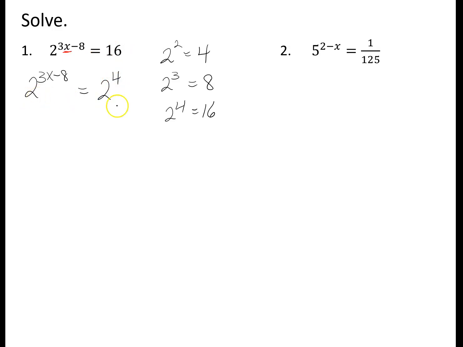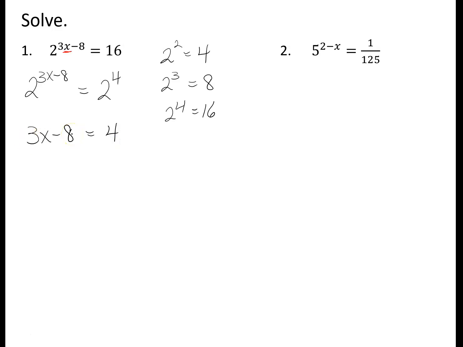So now I have a base of 2 on the left side and the right side. Once I've accomplished that, then I can just set the exponents equal, because the only way this entire left side is going to equal this entire right side is if 3x minus 8 is equal to 4. Then we just write that down as an equation and solve for x.